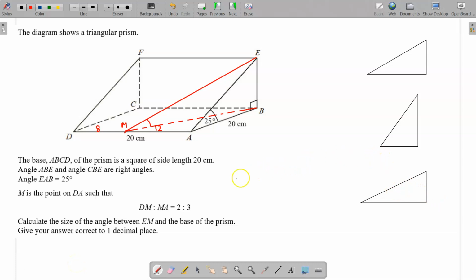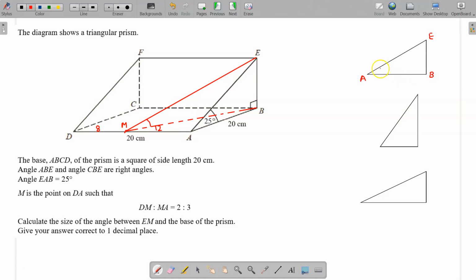Now, that comes from the triangle MEB. Okay, but before I can get MEB, I need to know more information. I need to know the length of the line MB and the height BE. Well, let's get the height BE first. So I'm just taking out the triangle on the side of this prism here. Okay, this ABE triangle, and I'm redrawing it in 2 dimensions like this.